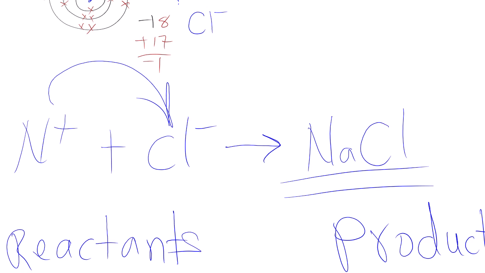Don't forget, it's called ionic bond because the reactant species become ions that make them react. So this is an ionic bond. What is an ion? Any atom that loses or gains electrons so that it has a charge is an ion. So, ionic.